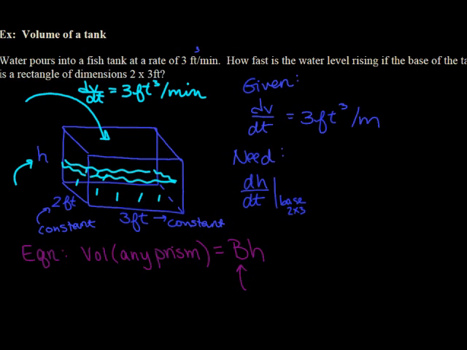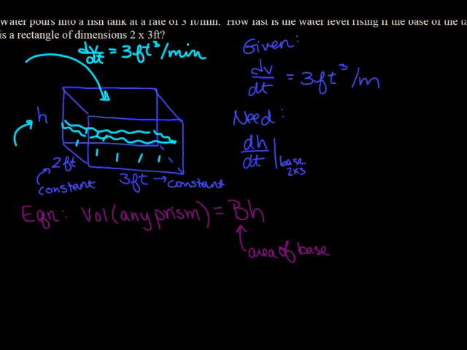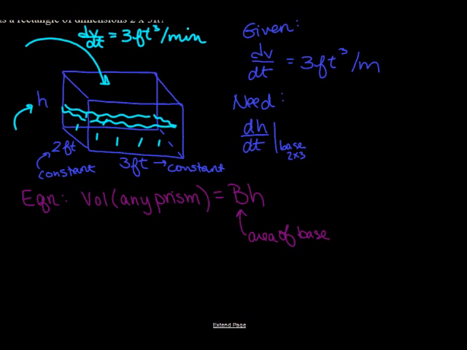So big B is the area of the base. Okay, so depending on what type of volume you're trying to set up, that's how I remember my volume formula for any prism: it's just the area of the base times the height. Okay, well the area of our base is just a rectangle, so it's going to be 2 by 3, and our base in this case is constant.